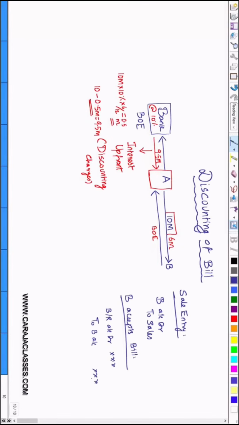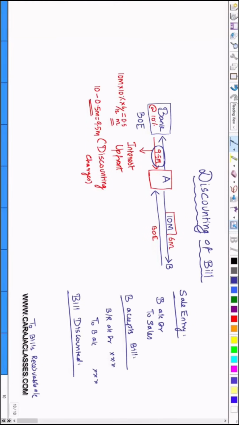Now this bill is presented to the bank. So the bill is going to bank. Debit what comes in, credit what goes out. So when the bill is discounted, the credit will be to bills receivable account. What about debit? There will be two debits. One, the amount that is received in the bank.